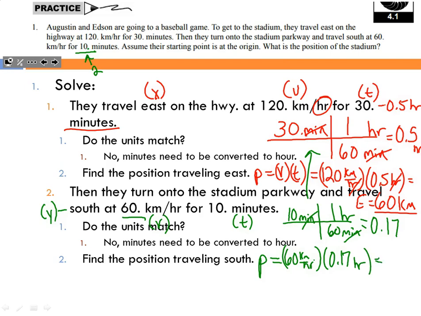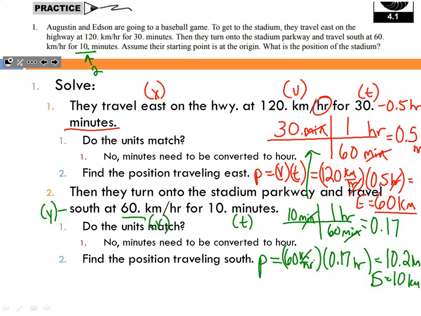So 60 times 0.17. We got 10.2 kilometers. We're just going to round that down to 10. Okay, so now that is your south, not north, south equals 10 kilometers.